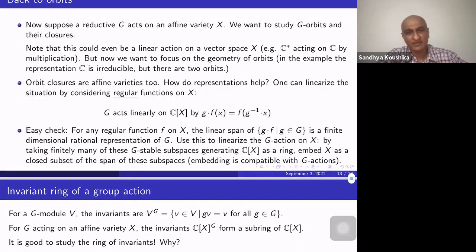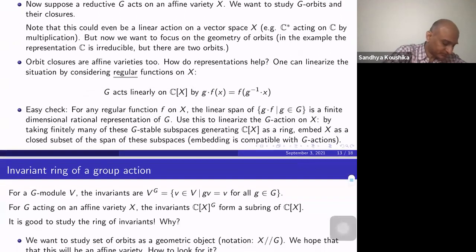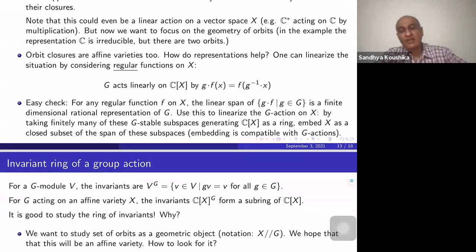So why is that? This is closely related to our stated desire of studying orbits of the group action. It's a standard thing in mathematics right from the beginning that whenever there is an equivalence relation, we want to study the equivalence classes. That's what orbits were.